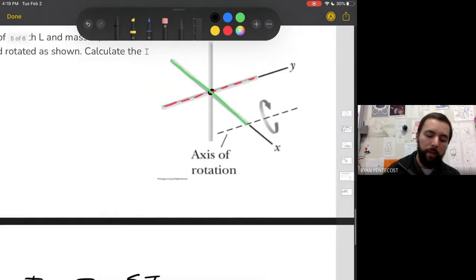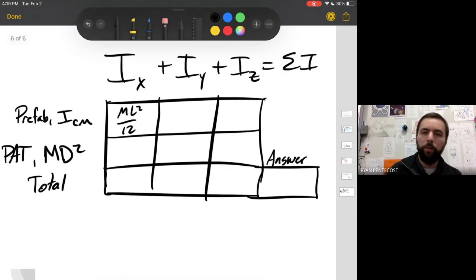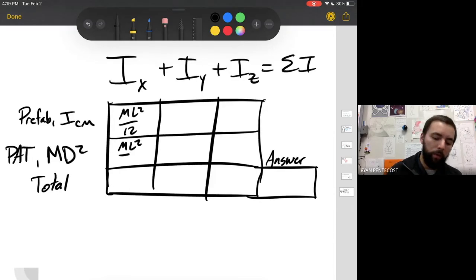Now that has moved, right? That has moved a distance of the radius, or half of the length. So that would be L over 2. That will be the distance moved. So if you've got L over 2, squared is L squared over 4. So you have ml squared over 4, right?